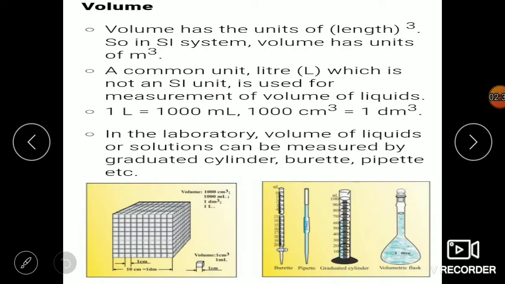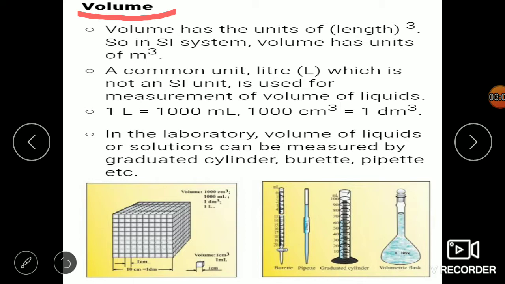Next derived unit is your volume. Now, volume has the unit of length cube. See, 3 times length is used, length into breadth into height, and all are given in meters. So meter is used 3 times, so it is a derived unit.